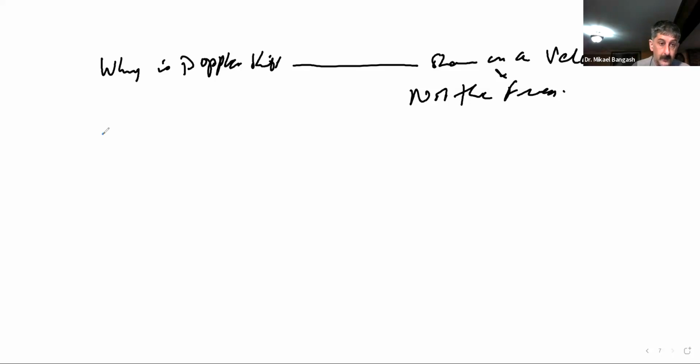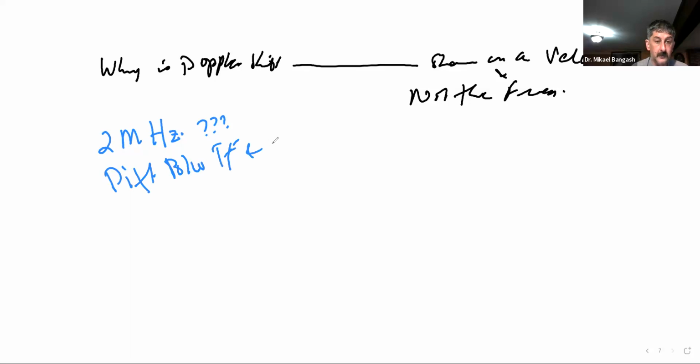Just look at this. I may say you have a Doppler shift of 2 megahertz. This doesn't tell you much. It may just tell you that the difference between the transmitted frequency and the reflected frequency was 2 megahertz.